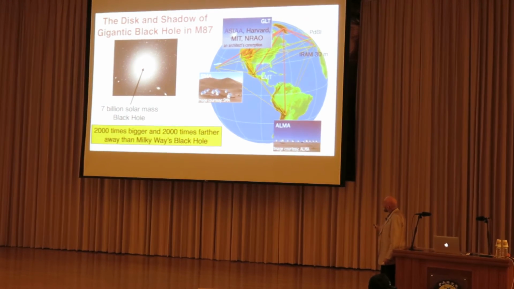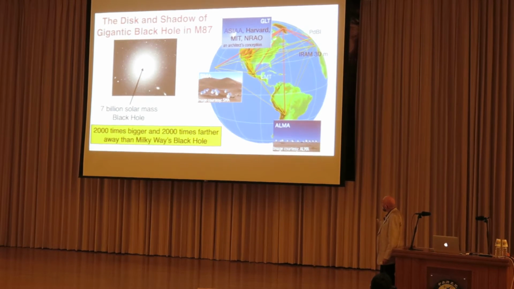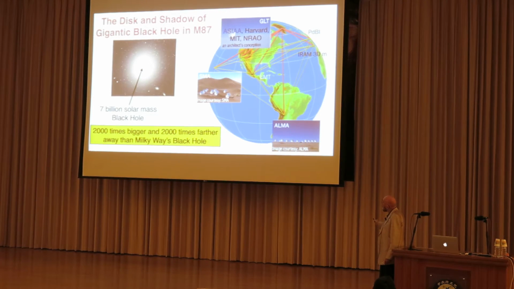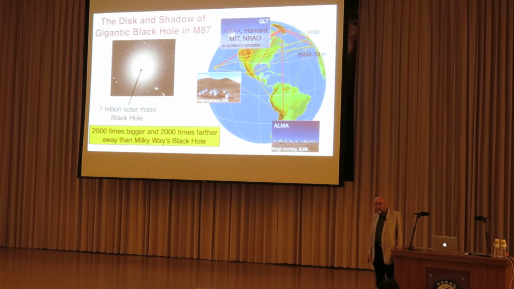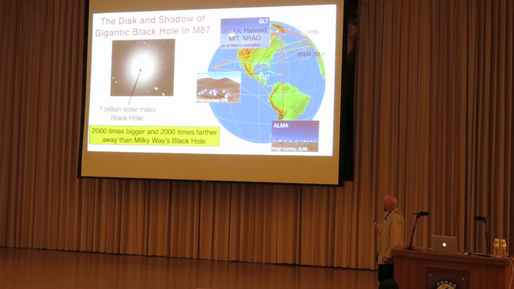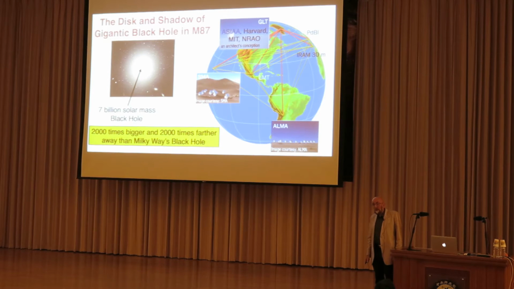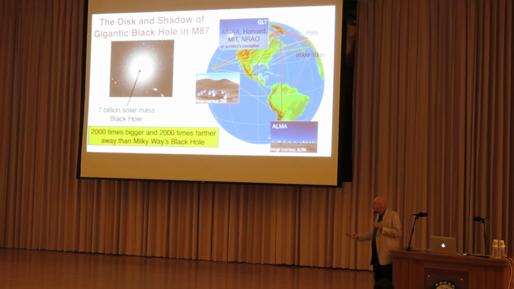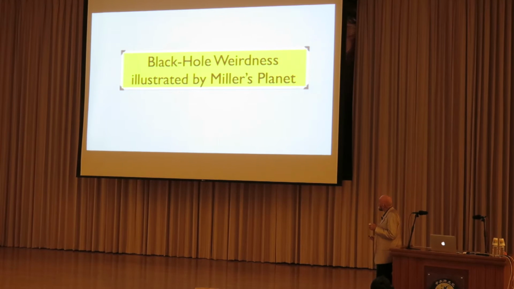Key to that imaging, because this is in the northern hemisphere, is a telescope being put together in Greenland, that again the Institute of Astronomy and Astrophysics here is involved in, which will bring in one component of the imaging that is done jointly by all these telescopes around the world. So this will take a little bit longer, but by early in the 2020s, I expect we will have images of 2 black holes, their disks and their shadows.